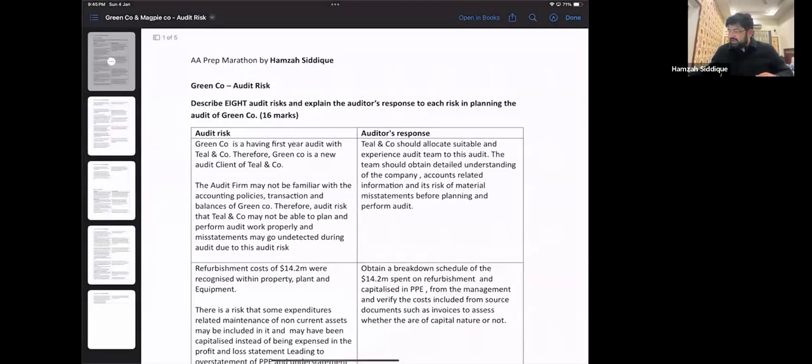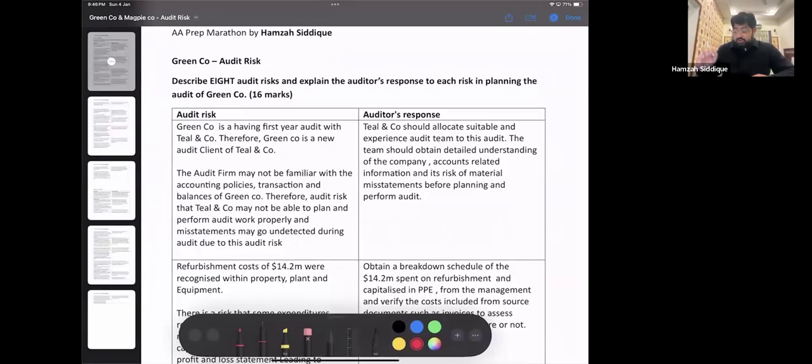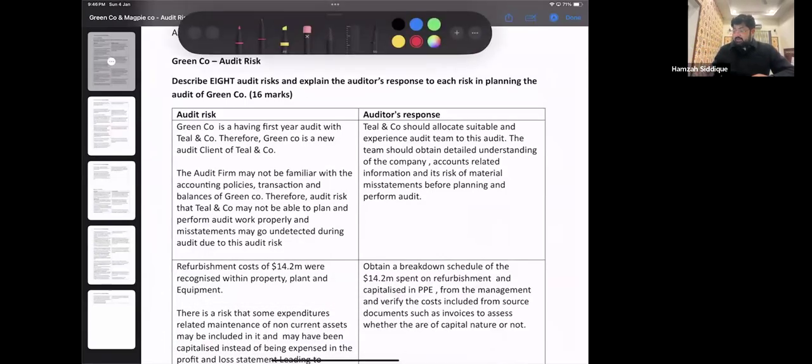Yes. So Green Company, now doing the analysis of the question, is having the first year audit with Teal Company. Therefore, it is a new audit client issue. How to explain? The audit firm may not be familiar with the accounting policies, transactions, and balances of Green Company.